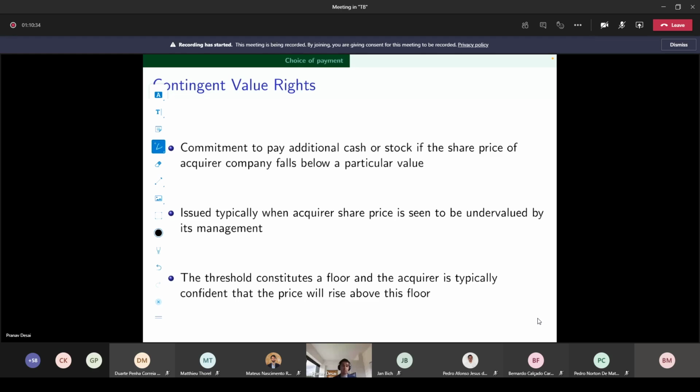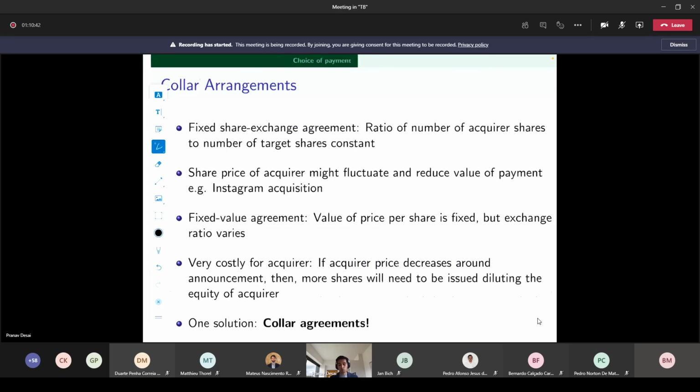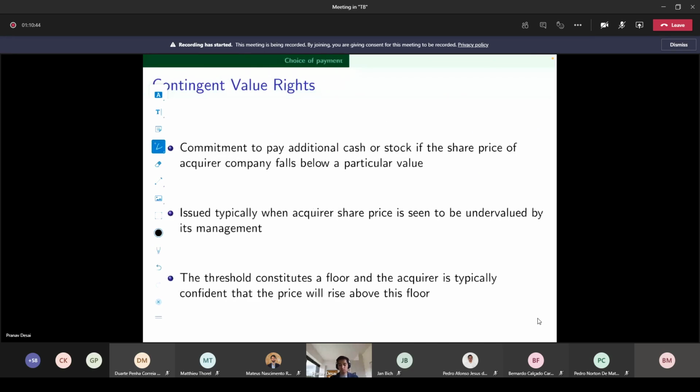Contingent value right, I must start off by saying, is not a very widely used method of embedding an option. What is far more common is a collar agreement. But nonetheless, it's one particular way where the amount to be paid can be controlled, or you can put a limit on both sides by having this sort of an option.